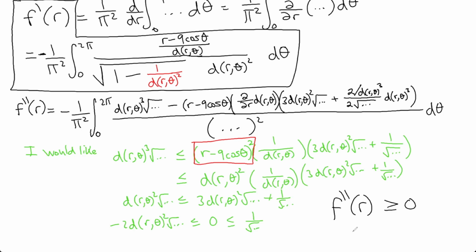We haven't even used the fact that r is limited to these values. This is actually true even if I allowed r to take on negative values. And the reason why I know that I could go further and say that f double prime is actually strictly greater than 0 is the fact that this integrand is not identically 0.